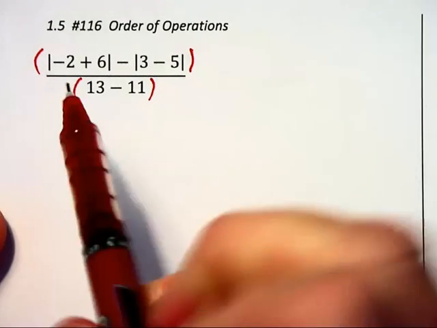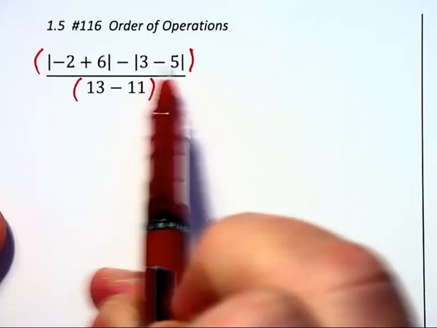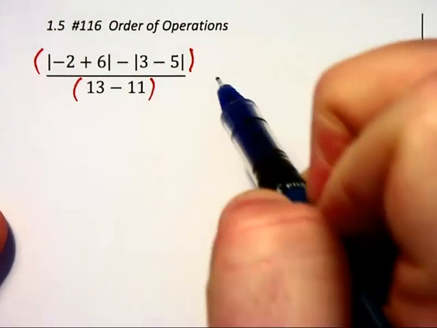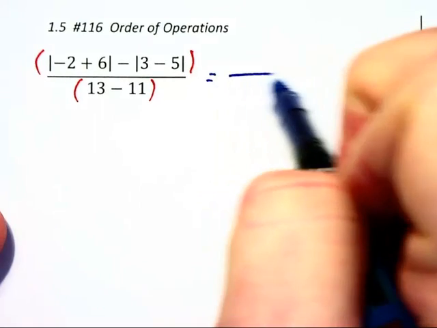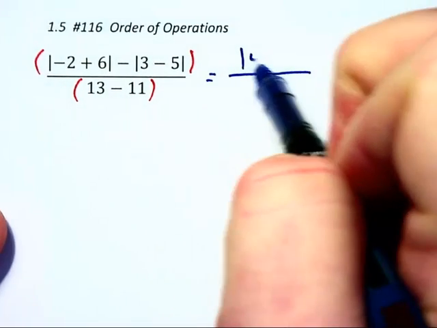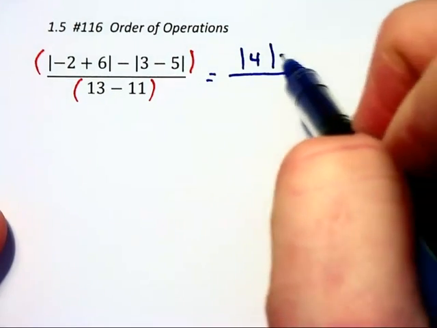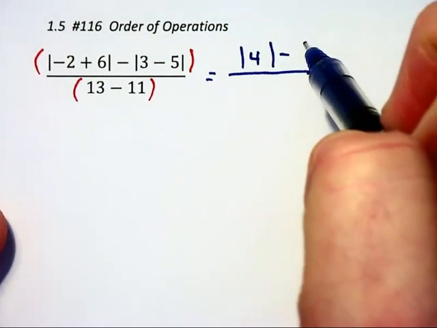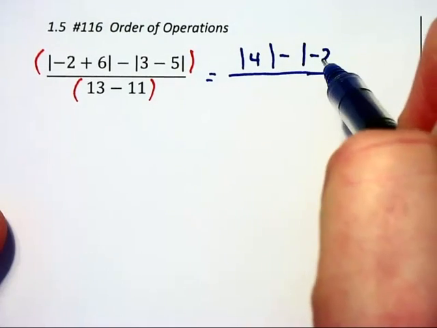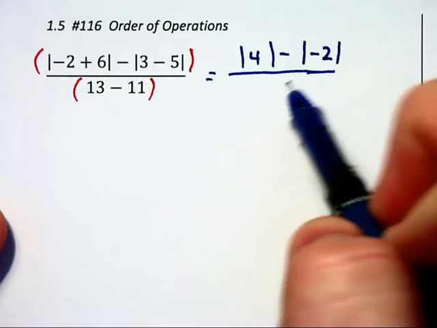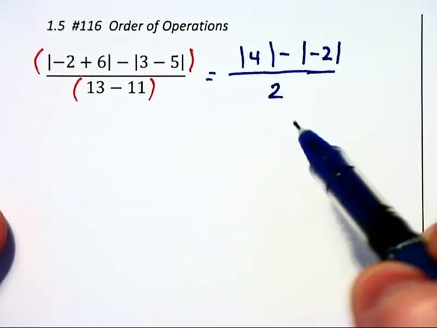Now what we're going to do here is we're going to clean up inside each absolute value first, and what we're going to have now is the absolute value of 4, because negative 2 plus 6 is 4, minus the absolute value of negative 2, because 3 minus 5 is negative 2, all divided by 2.